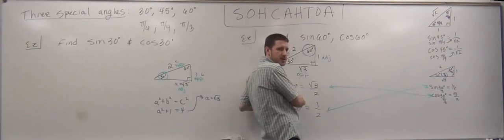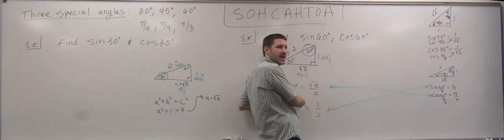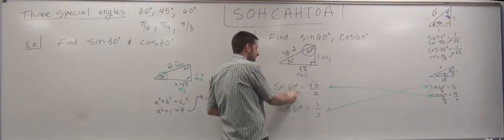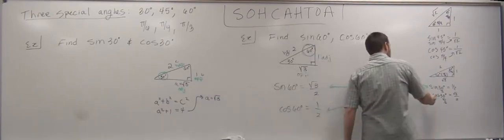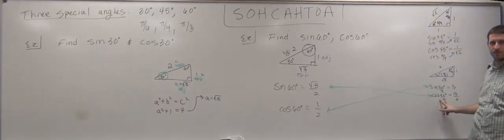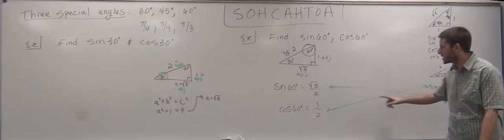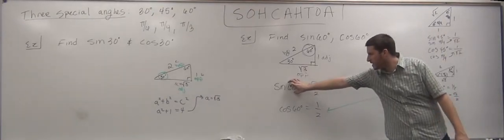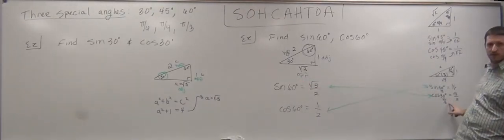What are complementary angles? Angles that add up to 90. Supplementary add up to 180. Complementary add up to 90. So sine of 60 will be equal to cosine of whatever's left over out of 90. In this case, if you take away 60, you have 30 left over.